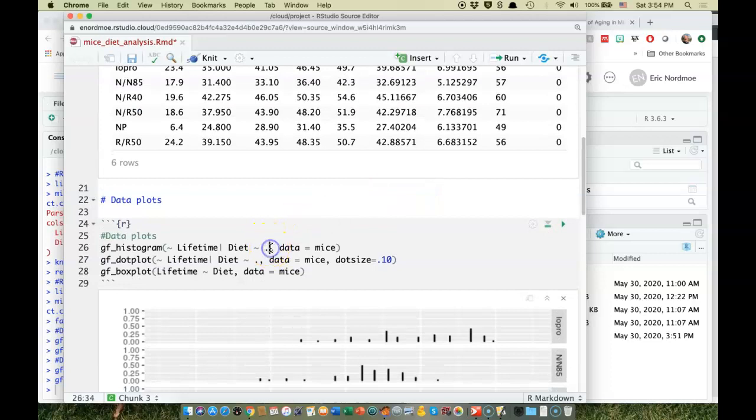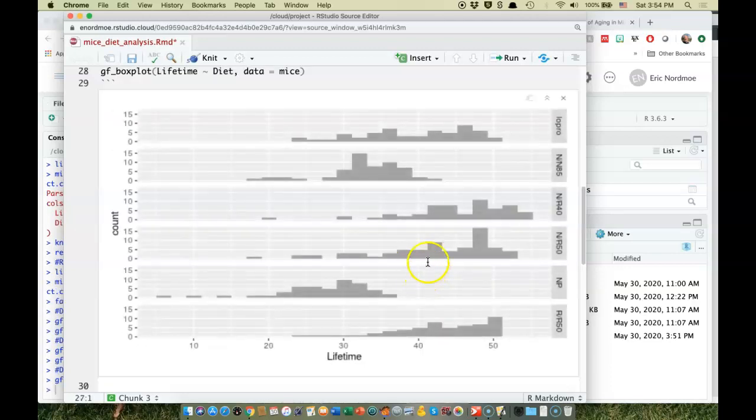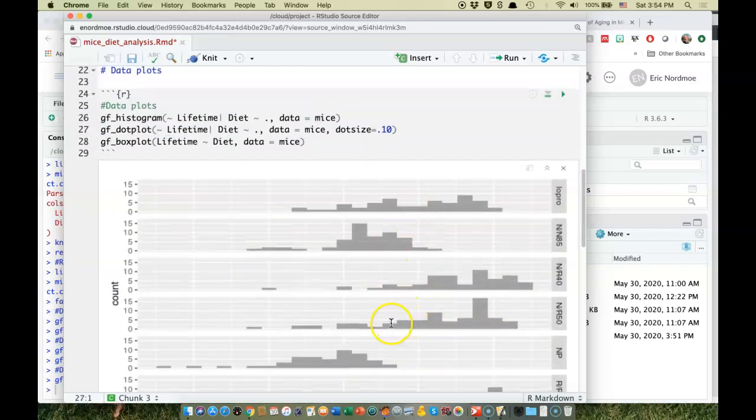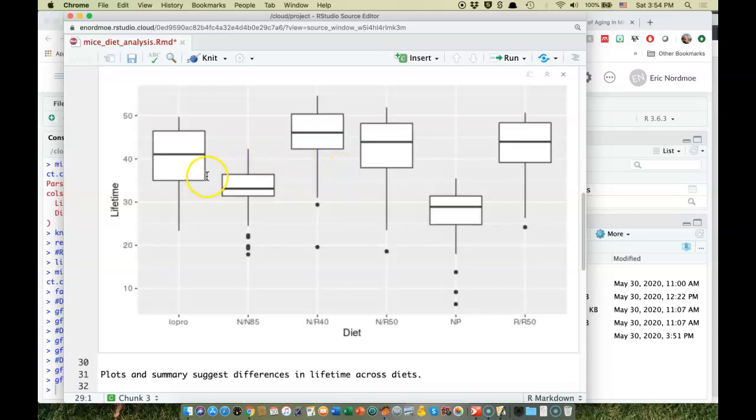But for this data, I like the histogram. I think we see some skewness in the data in terms of lifetimes. For some of the groups, we see variability. We see clustering at certain values, and probably most simply, we can just look at the box plot for comparing, because then we can see the medians of the groups as well as the shape, because of the tail and the little mice droppings below the box plots.